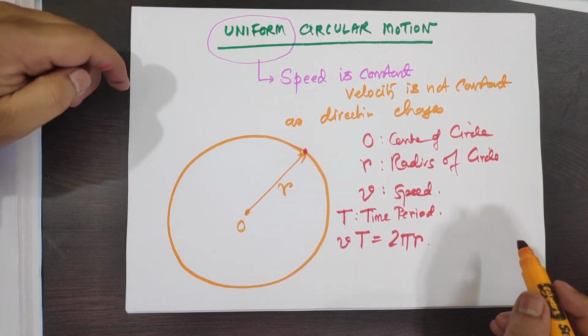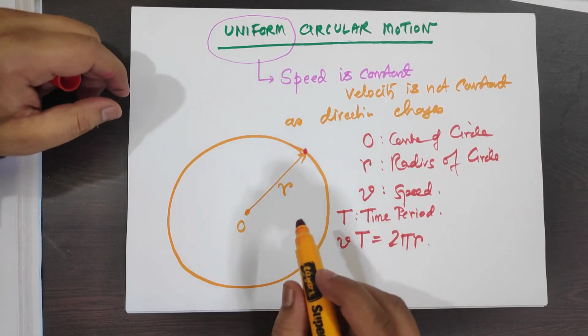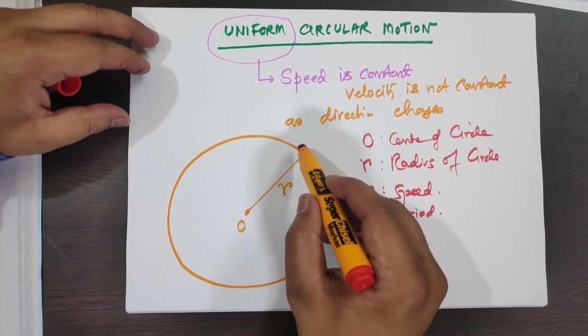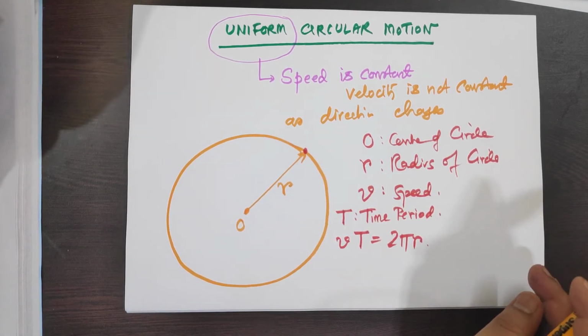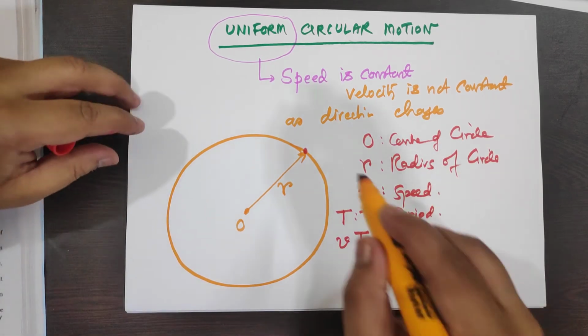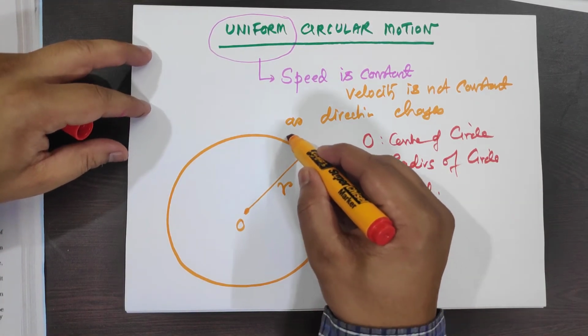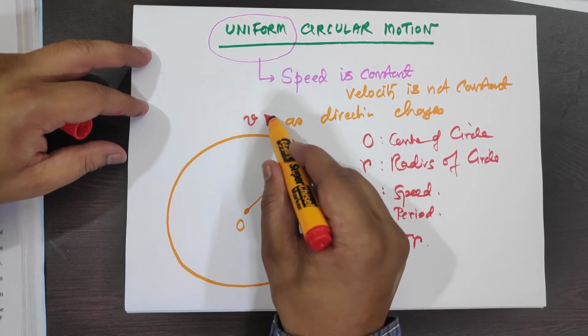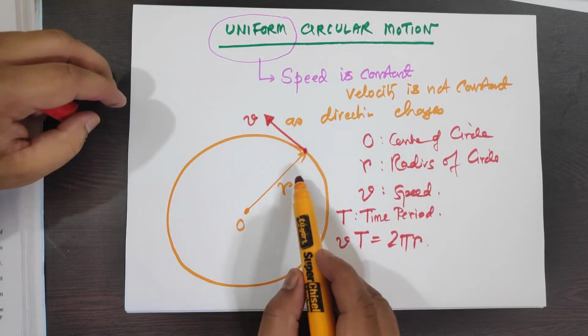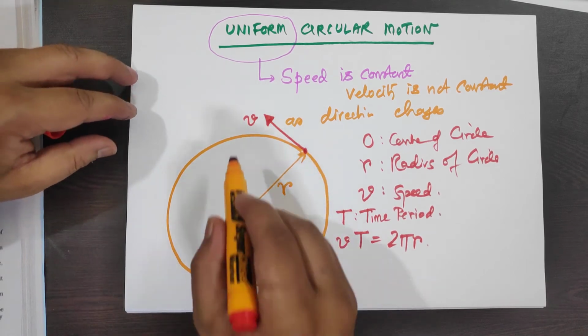So its speed is constant. Now its velocity, the vector quantity, velocity means just speed with a direction, right? So at this point, velocity is this way, this is a vector, and the vector is represented by an arrow.